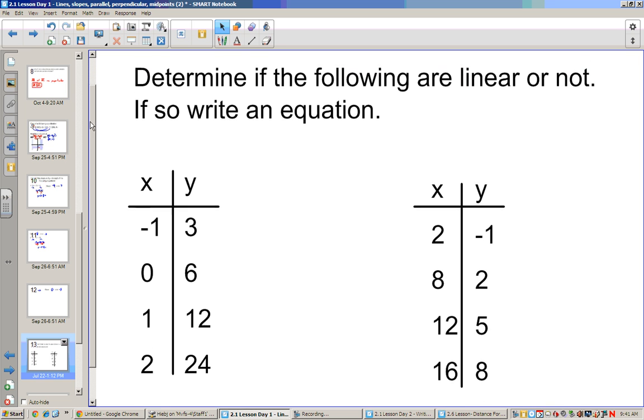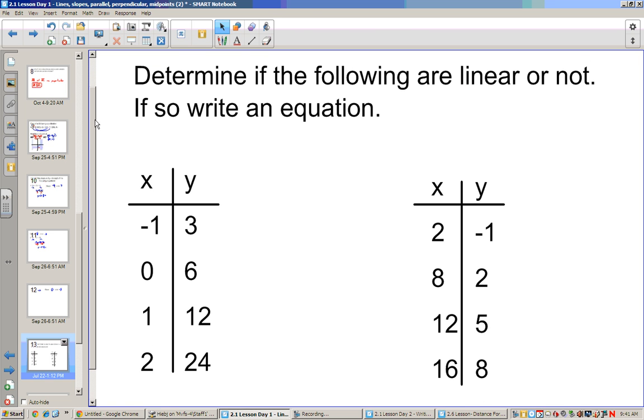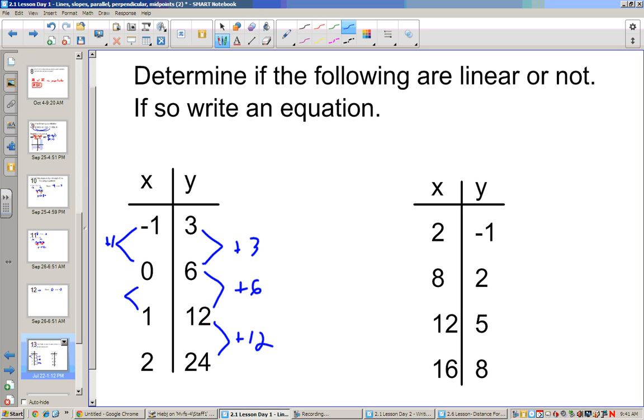All right, we're getting near the end. Now if we want to find if an equation is linear or not, we have to first see if it goes up by the same amount each time. This one goes up by 3, up by 6, up by 12, and these go up by 1 each time. So the slope is different, 3 over 1, 6 over 1, 12 over 1.